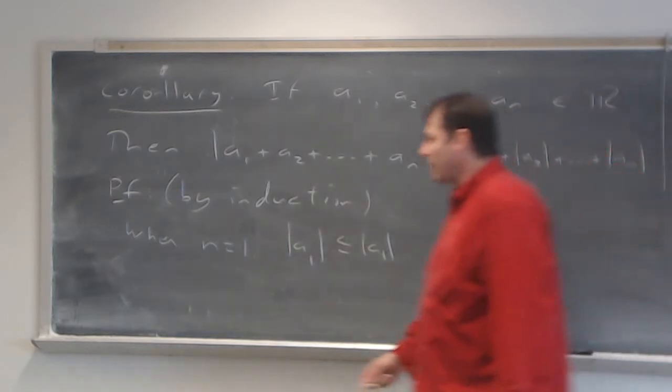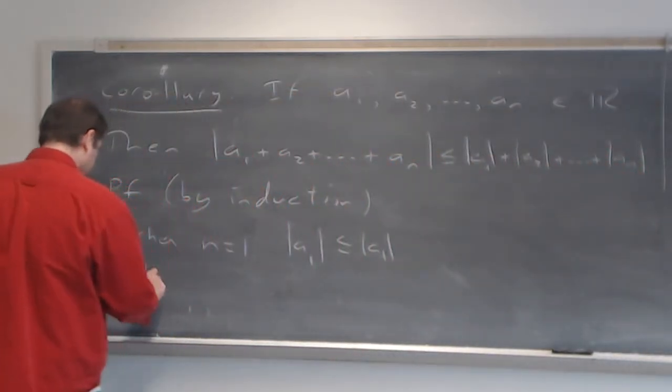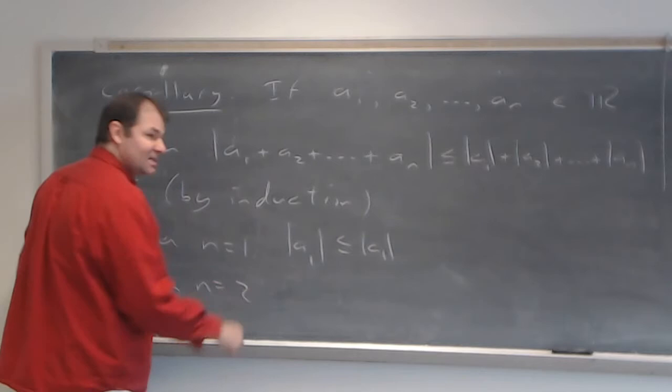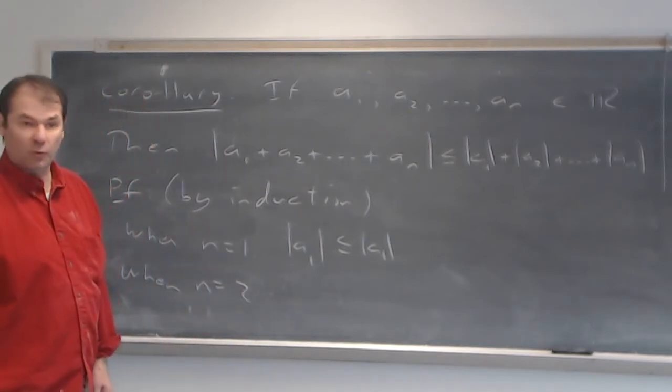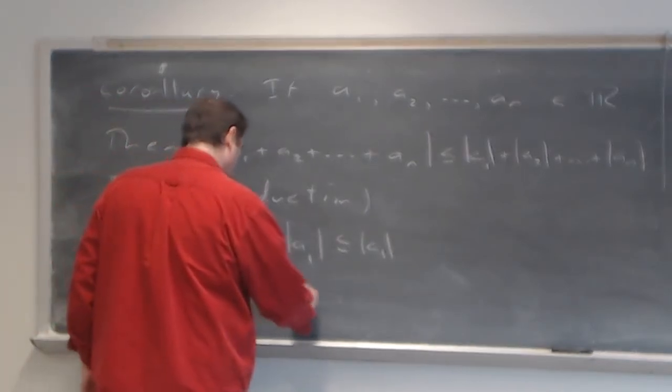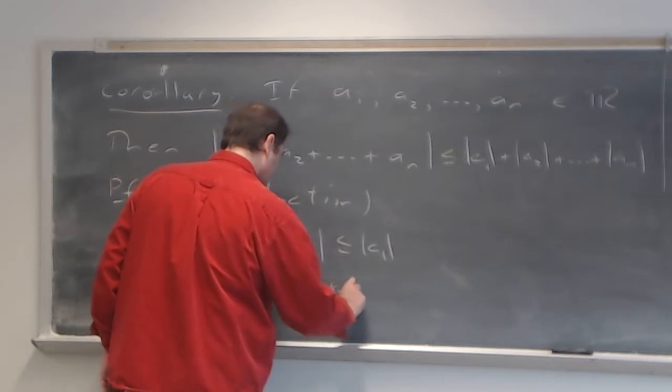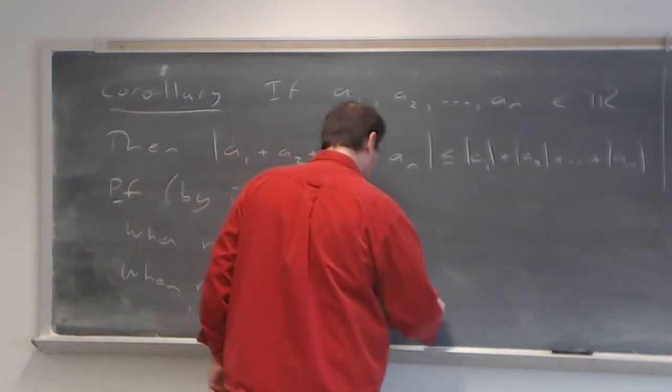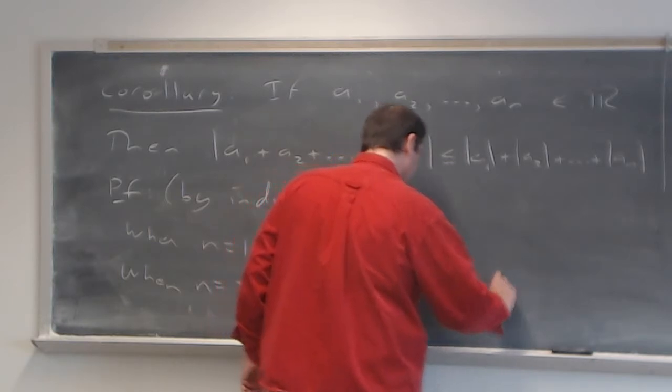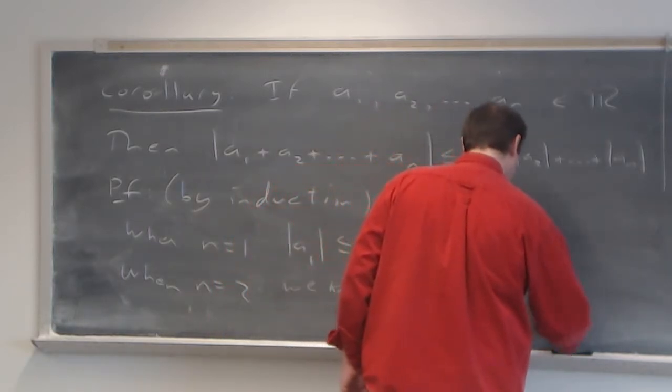So I'm going to say when n equals 2, not that we had to show this, but really it's going to be beneficial for us. Last time we know that the absolute value of a sub 1 plus a sub 2 is less than or equal to the absolute value of a sub 1 plus the absolute value of a sub 2.